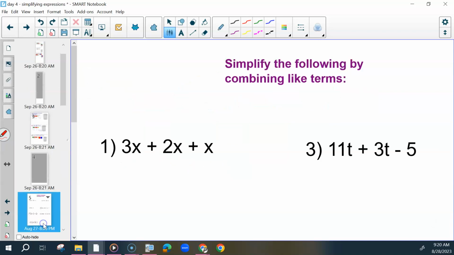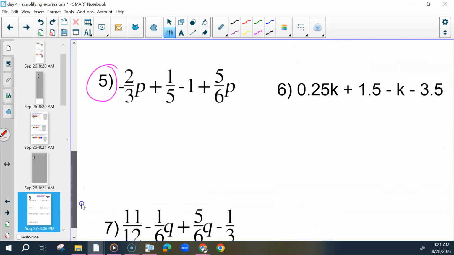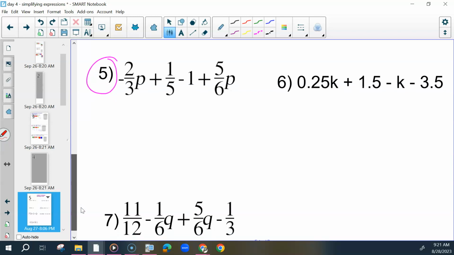Next page. And on this page, I want you to find any questions that look complex, complicated, you're not sure where to start, you have a question about it, anything like that, and we'll go through those. I will say if you choose 5 and 7, we're only going to do one of those. So you choose one.